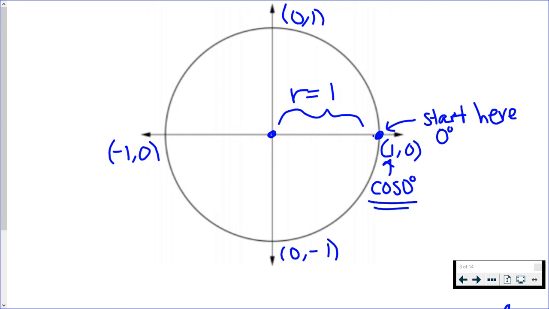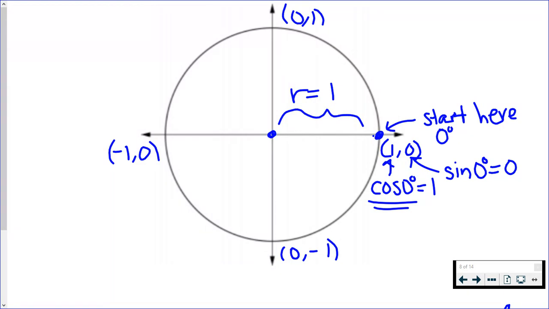The way that you read this is just, what is the x value at 0 degrees? That's how you can think of cosine. Similar with the sine, if you want to know the sine of 0 degrees, it's just the y value at 0 degrees. So the sine of 0 degrees would equal 0. So sine at our starting point is 0. Cosine at our starting point is 1.